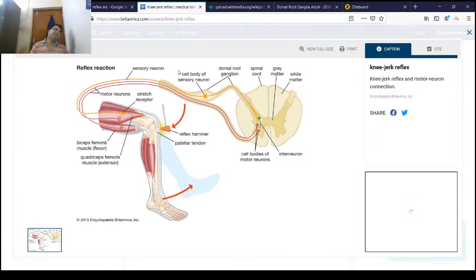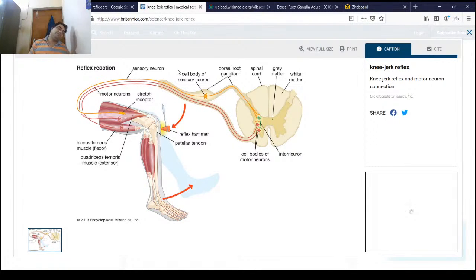Now what happens is, when you visit the doctor, suppose you are not able to feel your knees properly, or you are feeling numbness in your knees, the doctor will use a hammer and hit on the knee and check your reflex action.